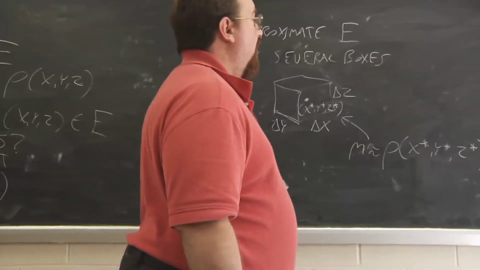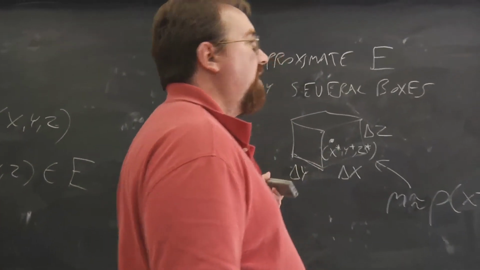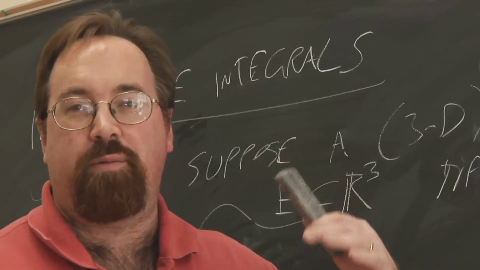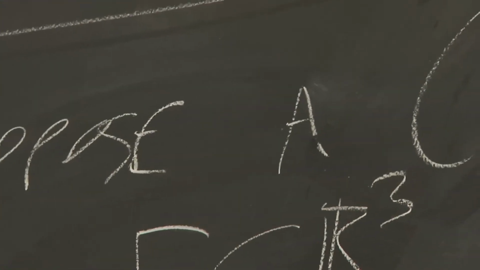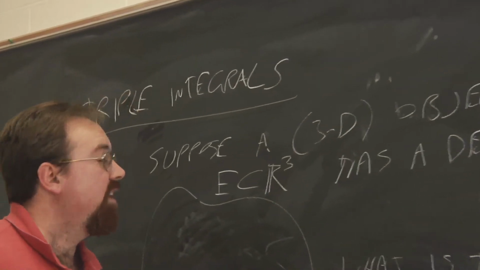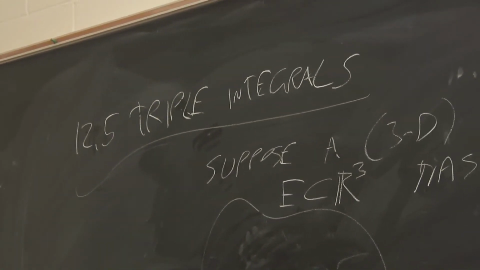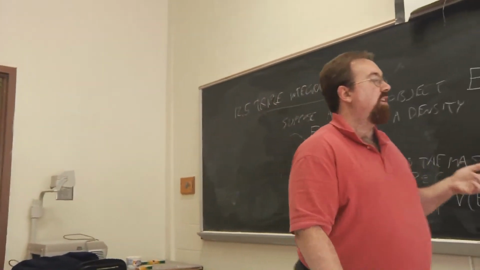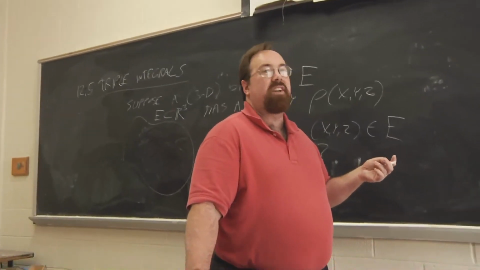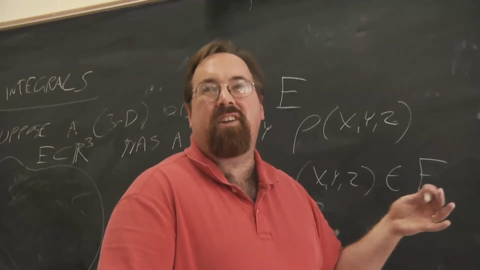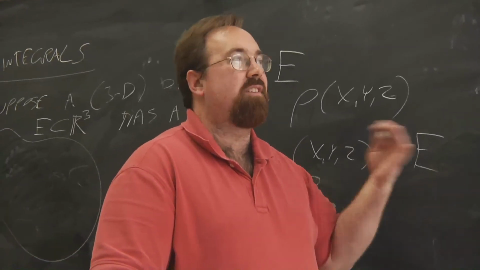And the way we evaluate things, just like for double integrals, is with an iterated integral, first with respect to x, then y, then z, or whatever ordering of the variables is most convenient. The main difference between triple and double integrals, besides doing one more integral, doesn't really affect things all that much. You're still doing the same kind of anti-differentiation.